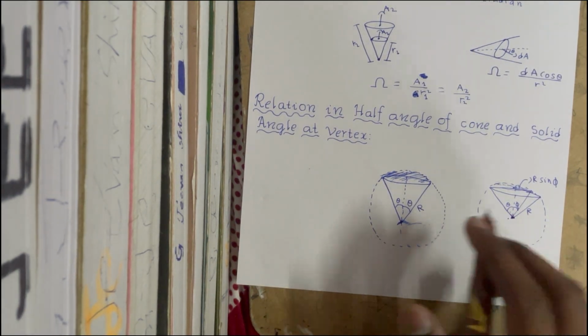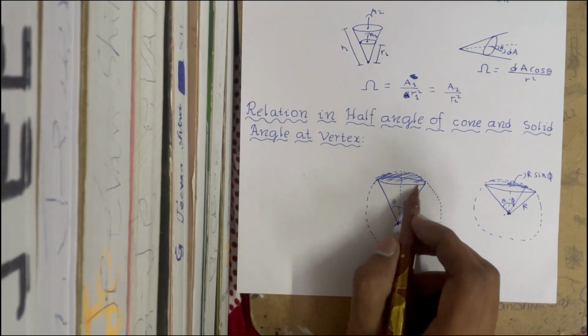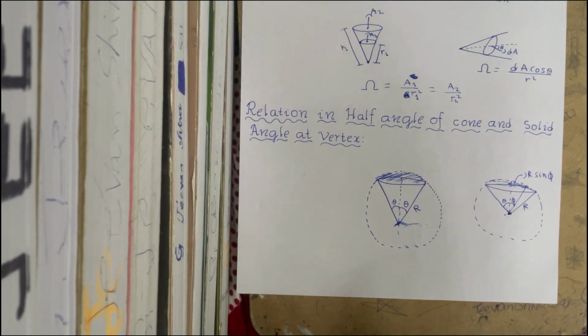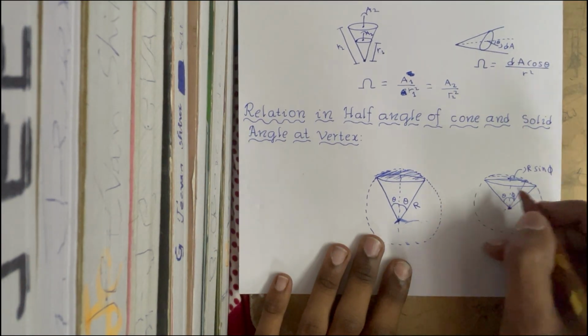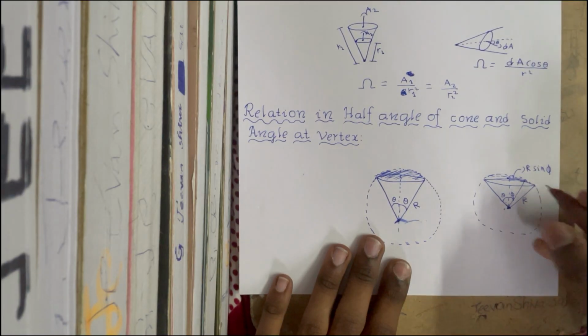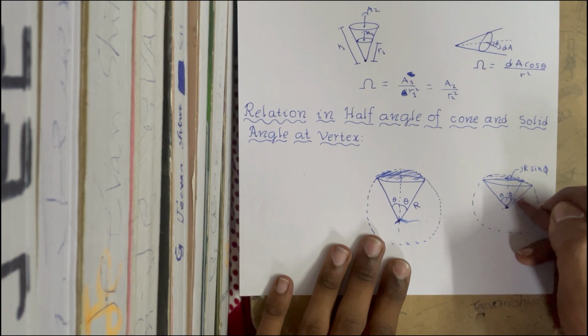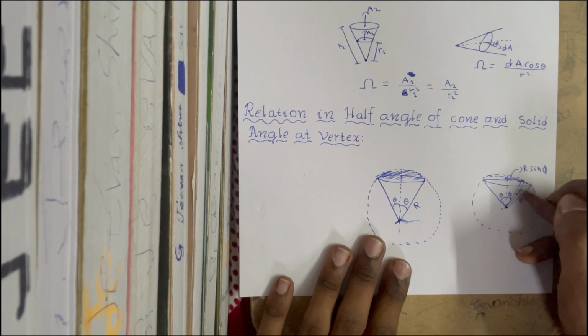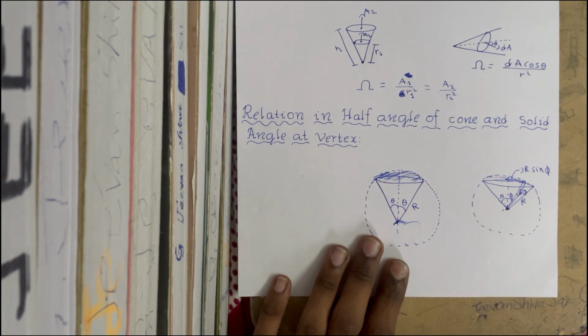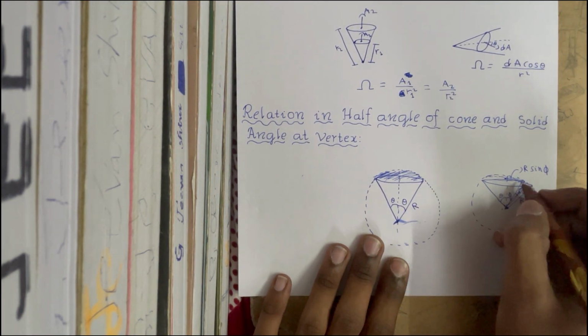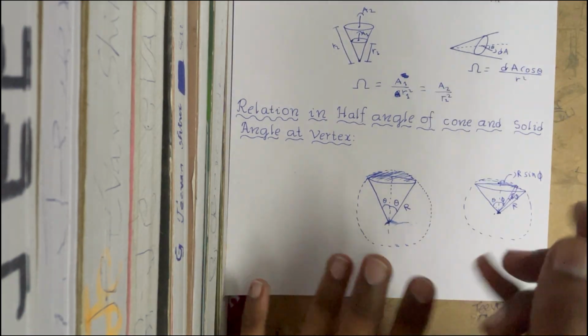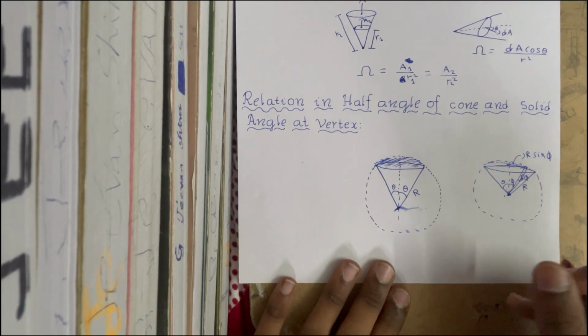Our goal is to find the area of this surface, by which we can find the solid angle. It is going to have a small thickness of angle d phi, so the length of that width is going to be r d phi.